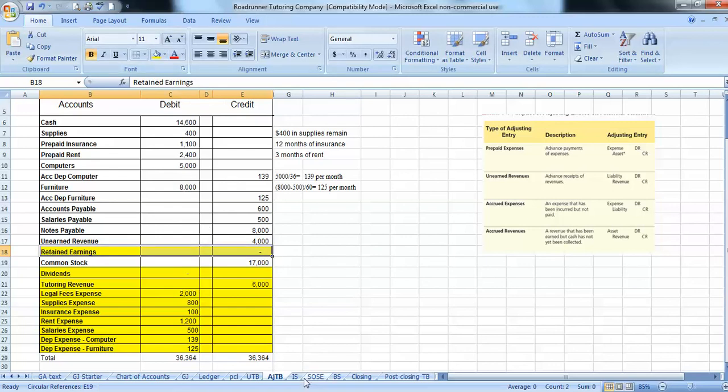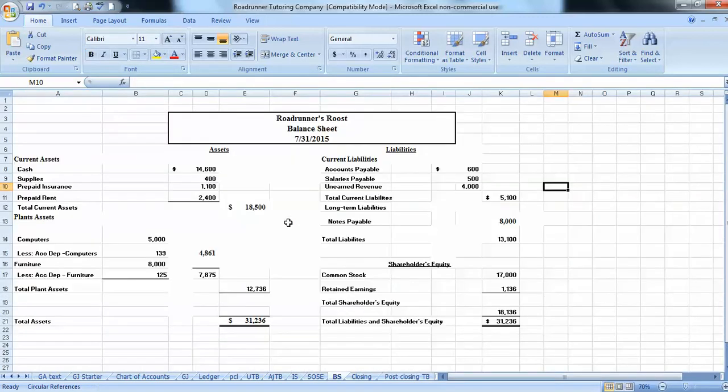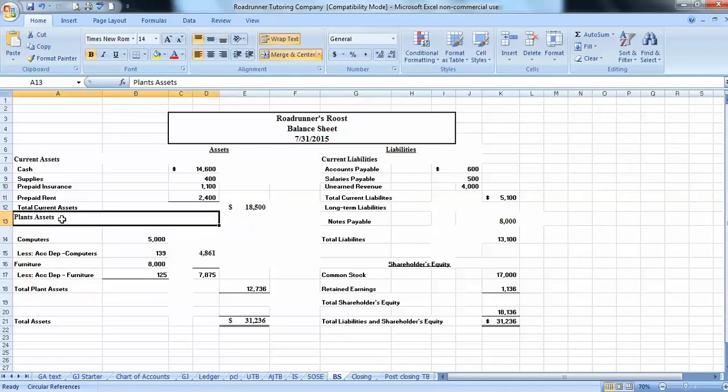Now we're going to go to the balance sheet, and here is a properly prepared balance sheet. You can look in your book for how to properly prepare a balance sheet. And what we're looking at in Chapter 4 that is different from what you've seen before is a classified balance sheet. And what do we mean by that? We are going to separate current assets from plant assets, longer-lived assets.